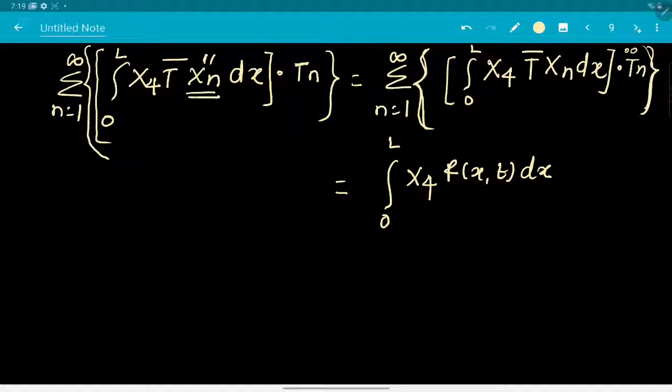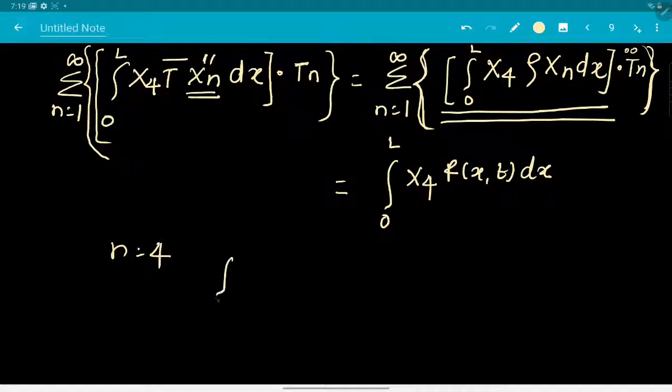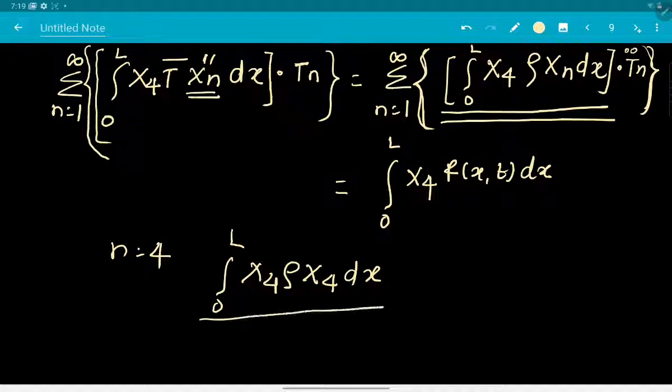Okay, now if we look over here, here we have a rho. Unfortunately I made one more mistake here, it should be rho here. So if you look at this, you know that when n is equal to 4, then you get this term X4 rho X4 dx. Just now we have said that these X's are mass normalized ones, so this needs to be equal to 1.